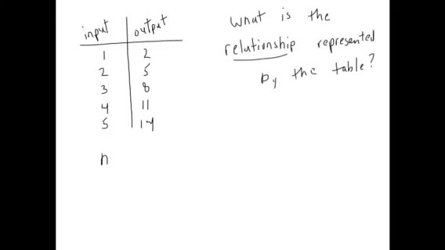Now we notice that the output increases by 3 each time. When the output increases by 3 each time, we know that in this case the input is multiplied by 3. So we can start with 3n.